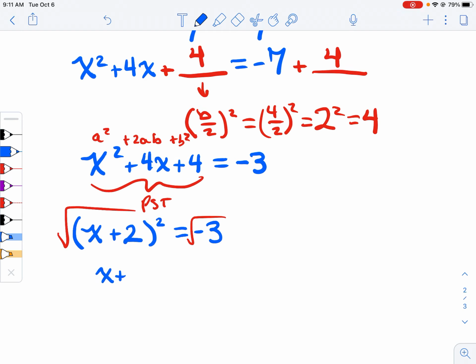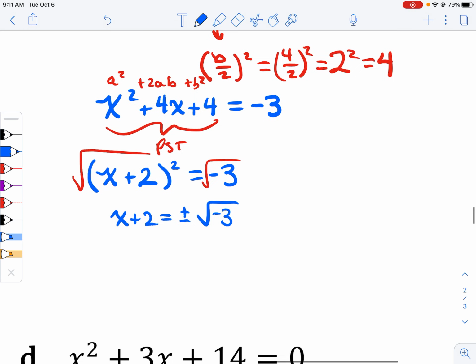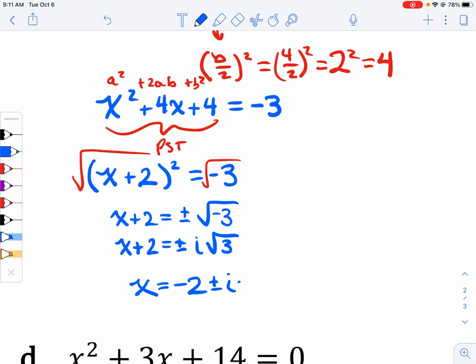So I have x plus 2 equals plus or minus the square root of -3. Remember, now that we have negative square roots, if those happen, pull out an i. So you have x plus 2 equals plus or minus i times the square root of 3. Subtract 2 from both sides, and you have x equals -2 plus or minus i square root of 3.